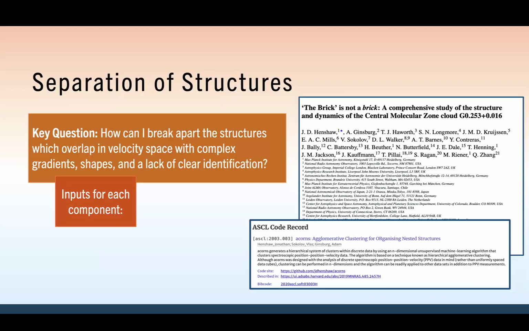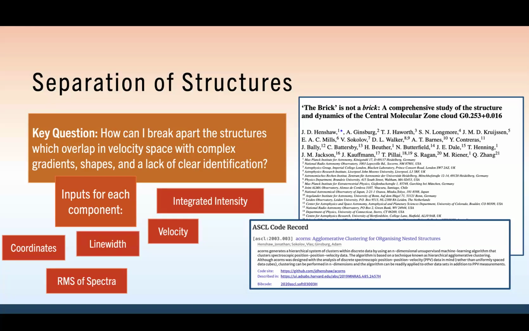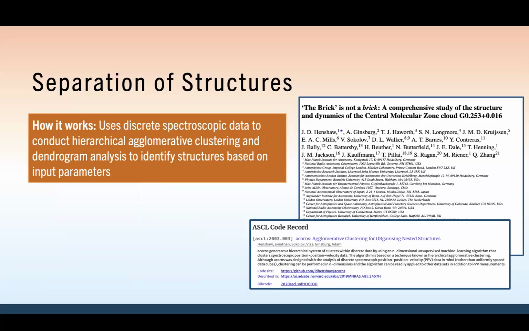The inputs for each component at each pixel, so for pixels that have 2 velocity components, you put in 2 inputs, include the coordinates, the integrated intensity for that component, the velocity for that component, the line width, and the RMS of the spectra at that pixel. In cases where there are 2 components, you just put in the same RMS twice. And the errors on all of these values except for the RMS and the coordinates.